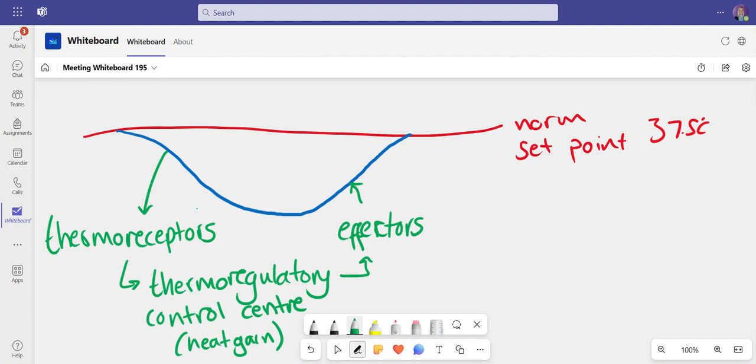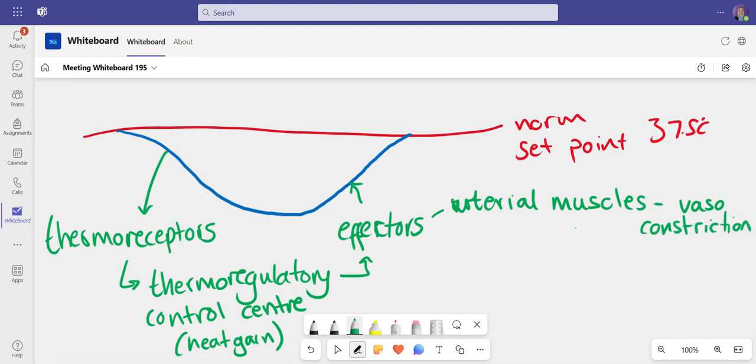So if we're too cold, we still send signals to our arterioles, but we want the opposite effect. Okay, so this time we want it to go to our arterial muscles, but instead of causing vasodilation, we want it this time to cause vasoconstriction, the opposite process, where they get smaller.